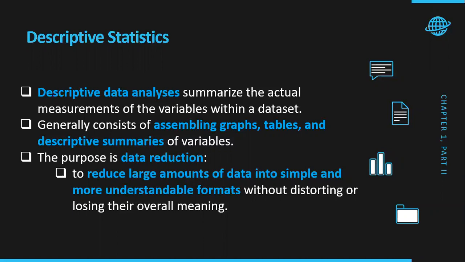The purpose of descriptive statistics is really about data reduction. It allows us to reduce large amounts of data into simple and more digestible and understandable formats without necessarily distorting or losing the overall meaning of our data.